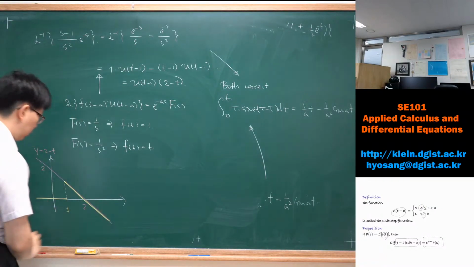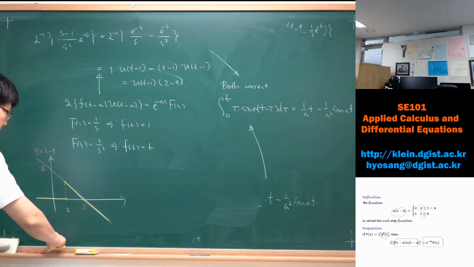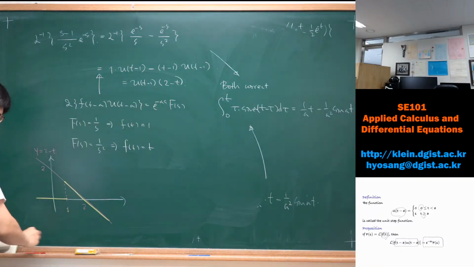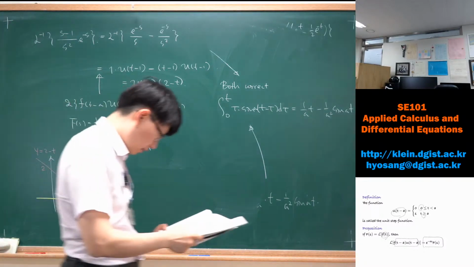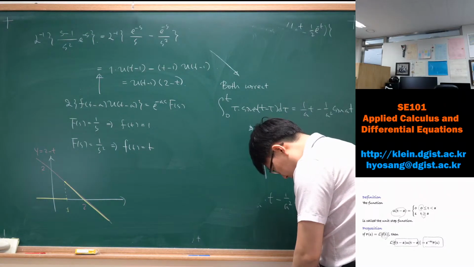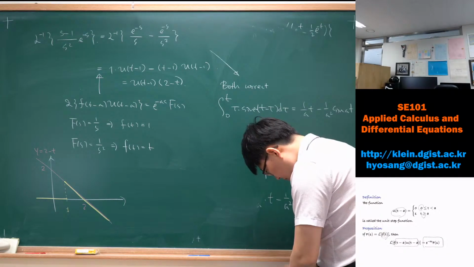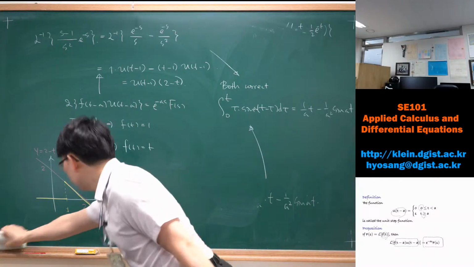So this is the graph of the function, the original function, the inverse Laplace transform. Okay, let's do this one.